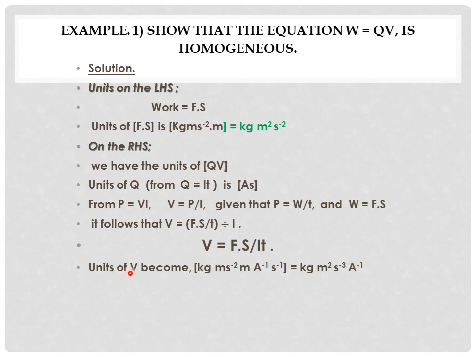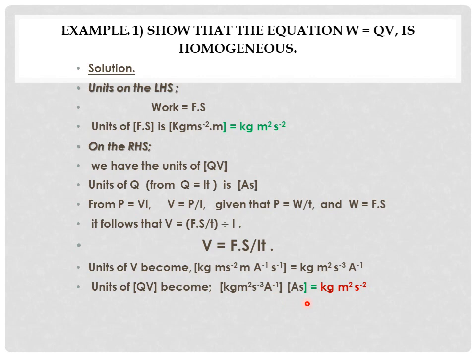This is just the unit of voltage. Now we have to multiply it with the unit of charge. What do we get? We now have kilogram meter to the power 2, second to the power minus 3, and ampere to the power minus 1, multiplied by the unit of charge, which is ampere times second. So ampere to the power 1 multiplied by ampere to the power minus 1 disappears.